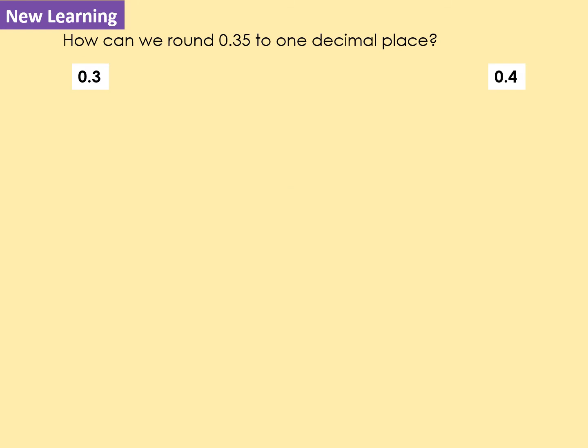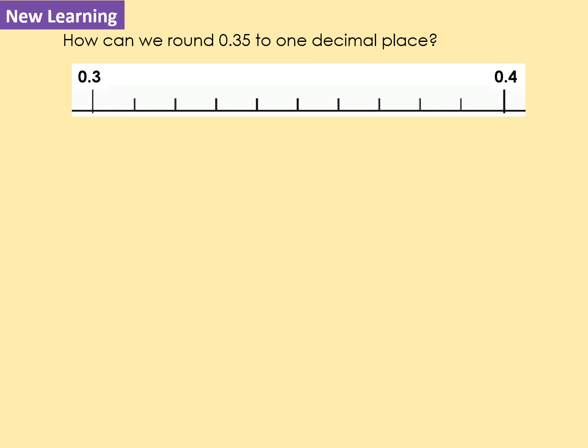So how can we round 0.35 to 1 decimal place? Again, we start with the number line, and we've got 0.3 on the left-hand side, 0.4 on the right-hand side, and again 10 equal sections. So 0.35 goes straight in the middle of those two numbers, 5 spaces to the left and 5 spaces to the right. So is 0.35 closer to 0.3 or 0.4?